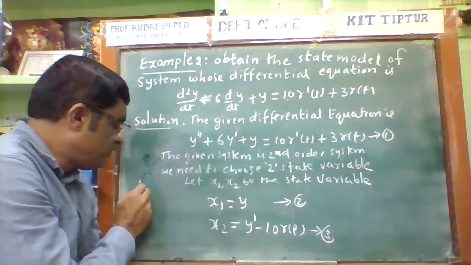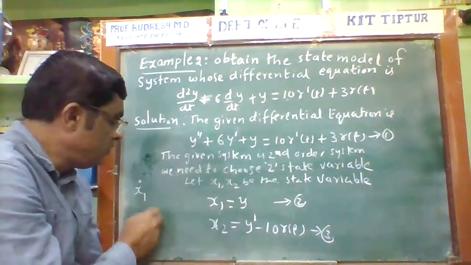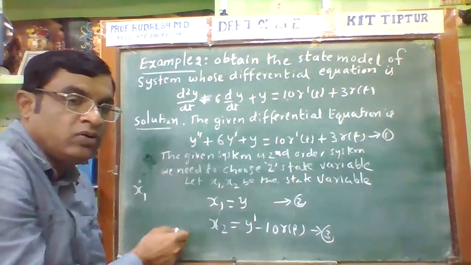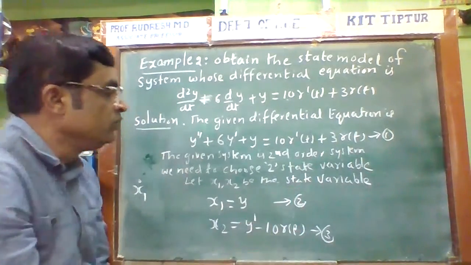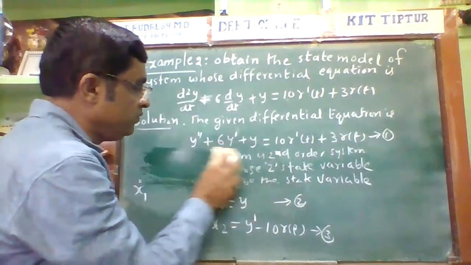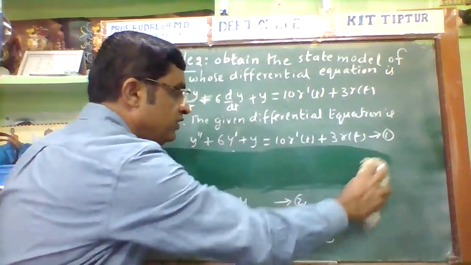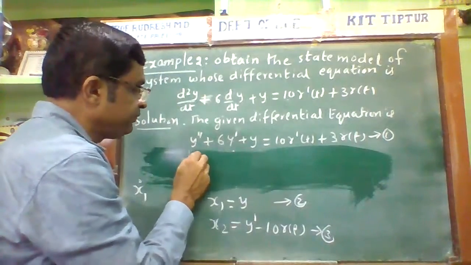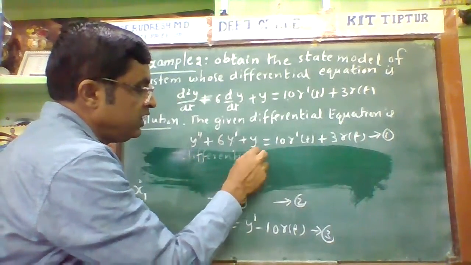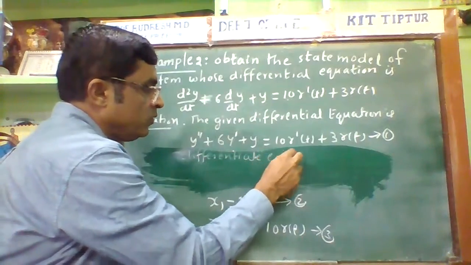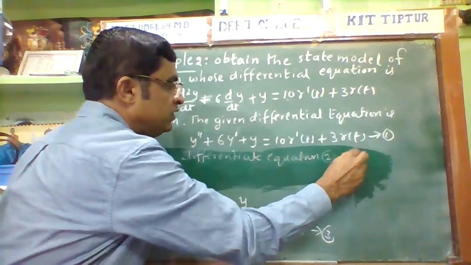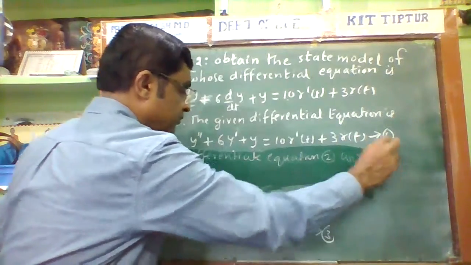So in order to get x1 dot, the first derivative of the first state variable, we need to differentiate equation 2 with respect to t.